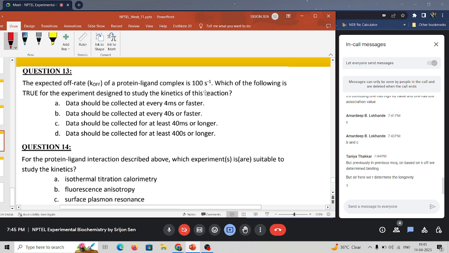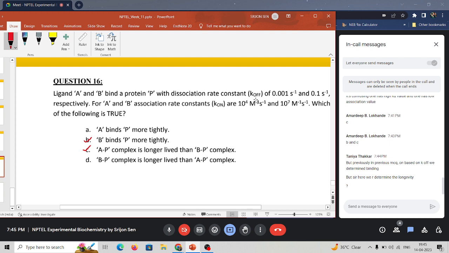See, this is an off rate. The time is involved here, so here we can comment. When the unit is given in second or second inverse, we can comment on the longevity. But when it is given in terms of molar, then it is speaking of the dissociation constant. So you have to observe the units before you make any comment.